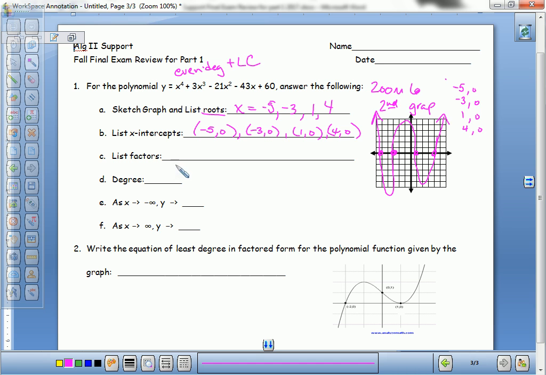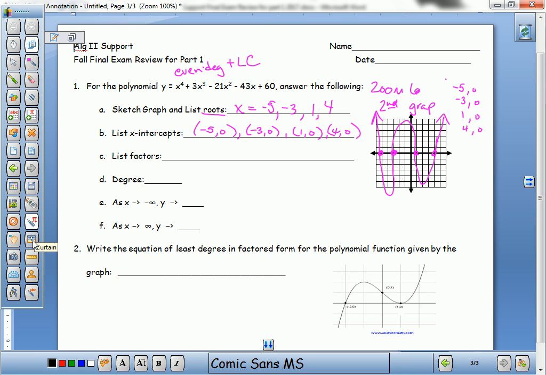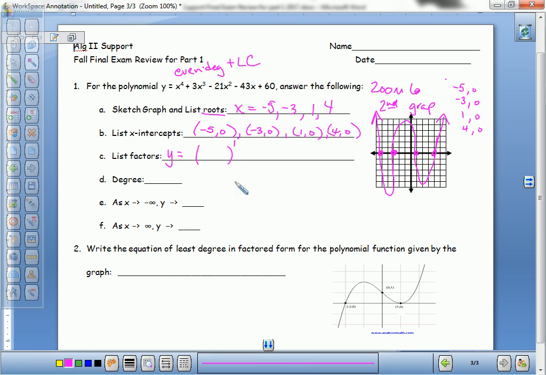Because it just passes through, it doesn't bounce back, it doesn't pass with an inflection, it just passes through. Each of these, if we list it as a factor, would be to the first power because it just passes through. No bouncing, no inflection. So if the intercept is at -5, the factor is x + 5. Do you remember this?